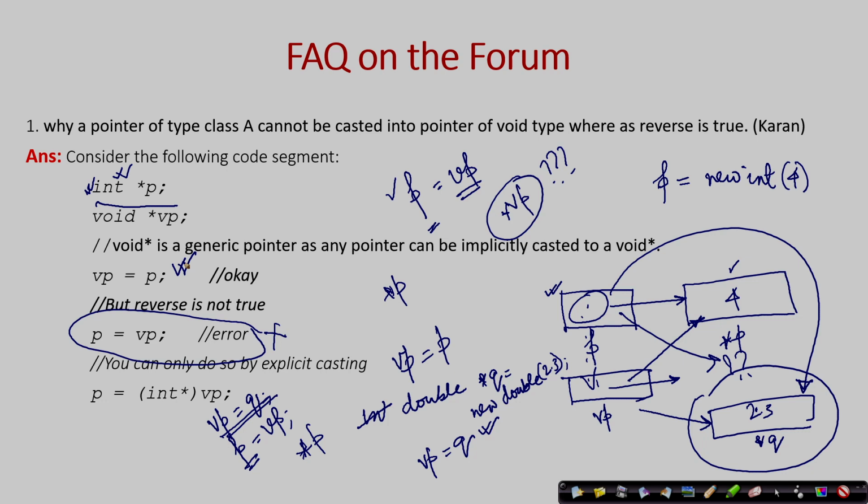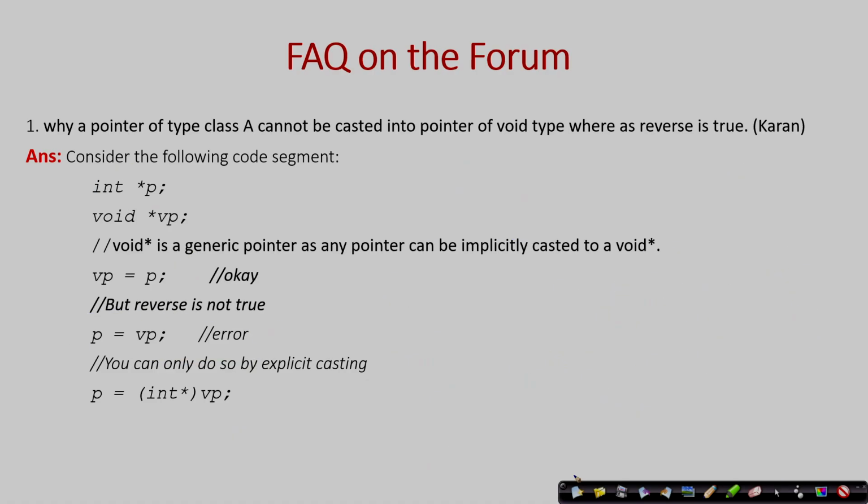In case you want to take a void pointer and put it into an integer pointer, you will have to do something like this, where you explicitly say that you want to take that void pointer and put it there. I know that though it is of type pointer to void, it is at present pointing to an integer, so treat it like an integer. This is not advisable, at least in C++.